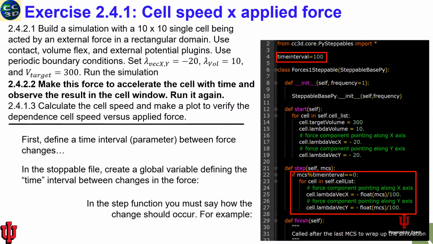Maybe we should test it later in an exercise, but the default from the external potential plugin is the pixel-based one. I think you're going to find this answer better explained in the manual of the external potential on the CC3D website, where you have the difference between both entries. In general, I always use the pixel-based model because I didn't need to change. But maybe you should try later, okay?